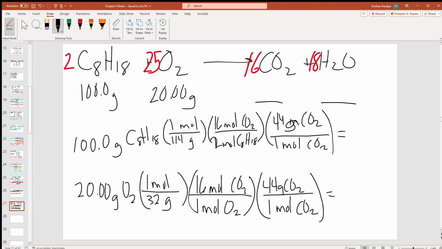So for the octane calculation, we get that 100 grams of octane is enough to form 308.8 grams of carbon dioxide. How about for our oxygen?